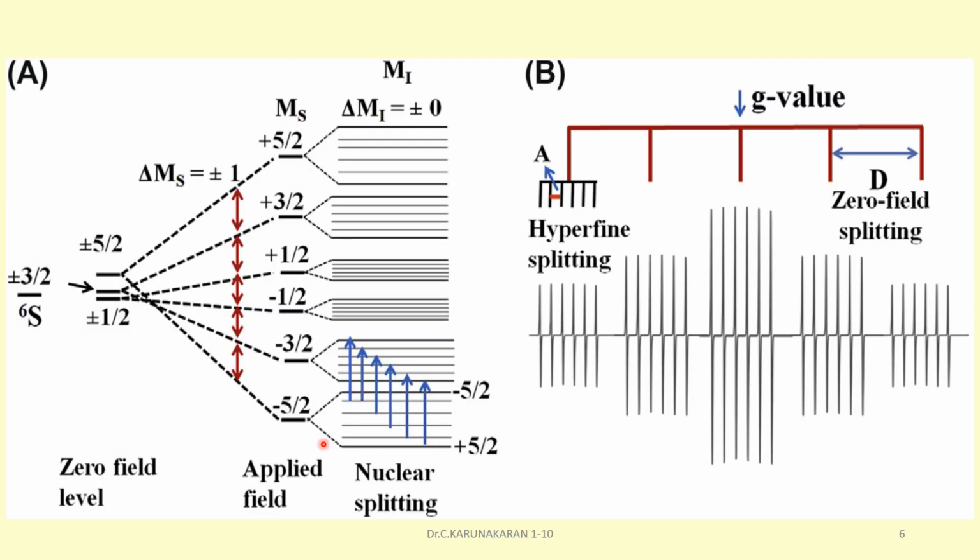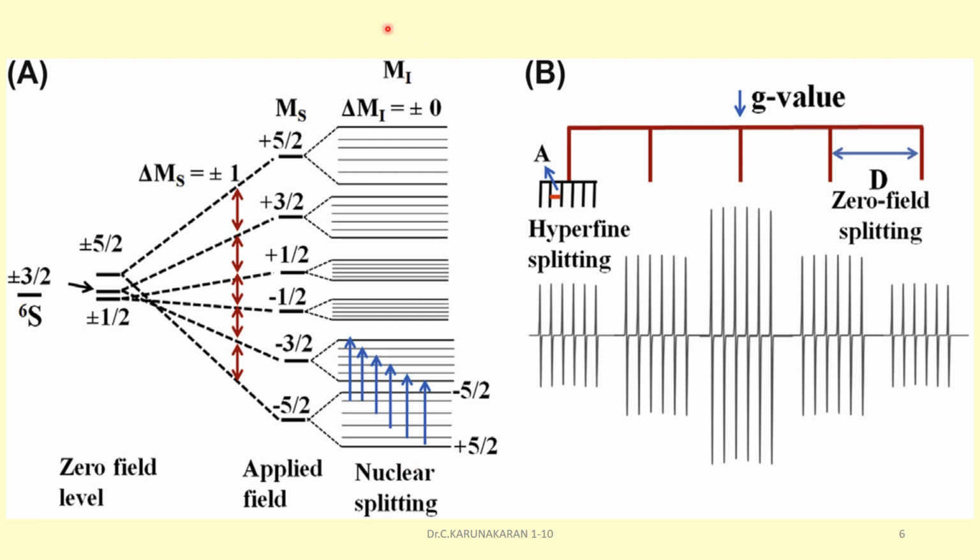Here, each fine structure line is split into 6 lines, 1, 2, 3, because of the transition from plus 5 by 2 to minus 5 by 2. See, in the case of NMR, plus 5 by 2 is the ground state, as I have already told. In the case of EPR, minus 5 by 2 is the ground state.